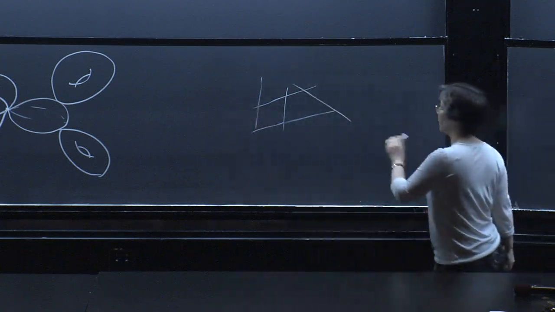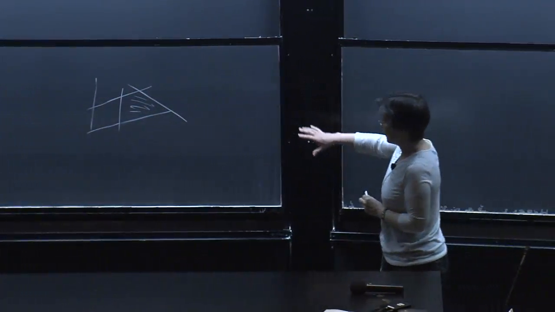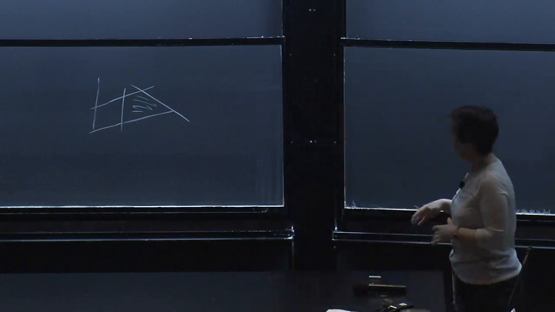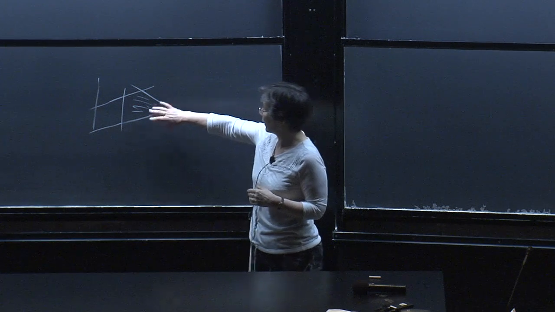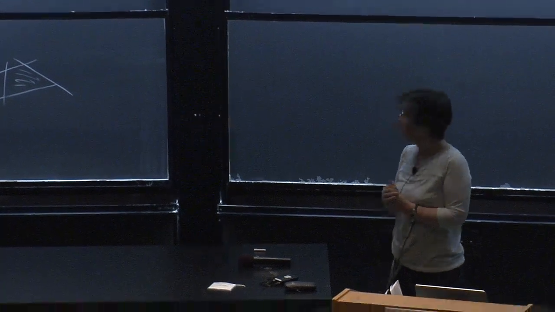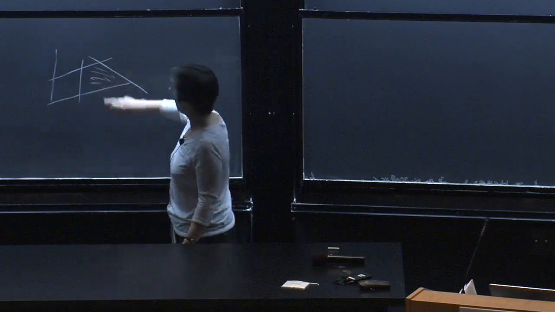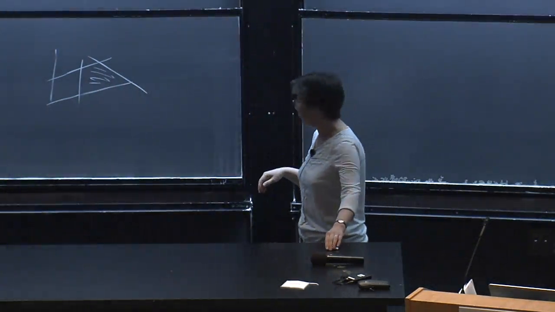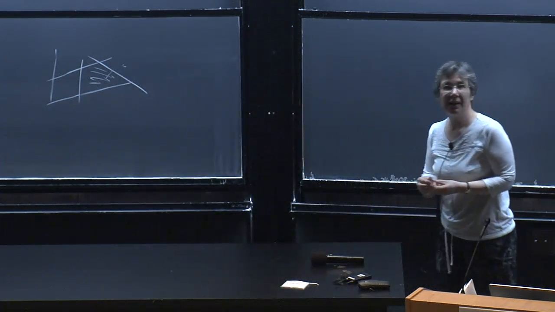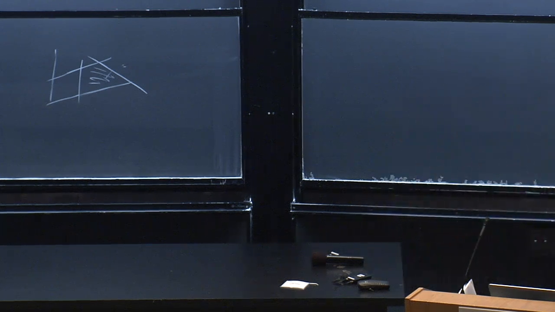And if your linearization sits inside the interior of one of these chambers, then you expect that, well, if you're lucky, semi-stability coincides with stability in the interior. You have a nice, well-behaved GIT quotient, and it doesn't change as you move around in this chamber. But then, if you cross one of the walls from one chamber to another, then the GIT quotient will change in a way that you can sort of describe.